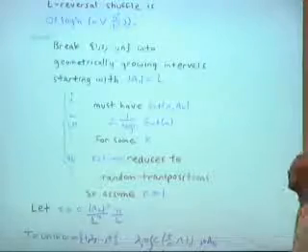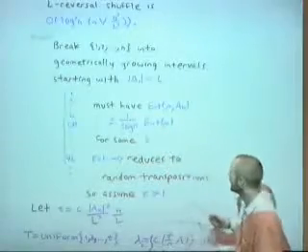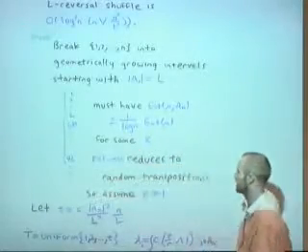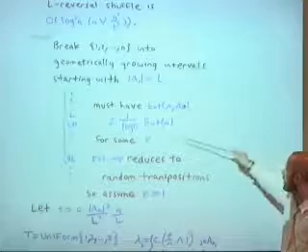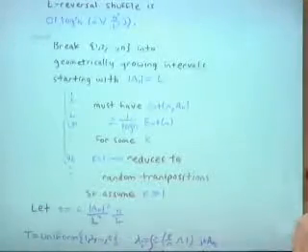Now we'll break the positions into geometrically growing intervals, starting with the first interval of length L. So it goes L, then length 3L, then 9L, and so on. So we must have the contribution from one of the intervals at least 1 over log n times the overall entropy.